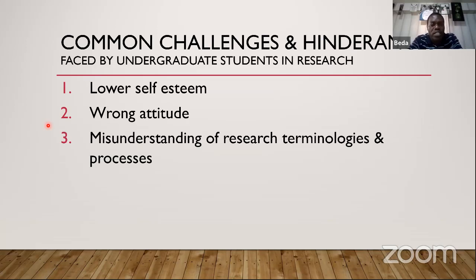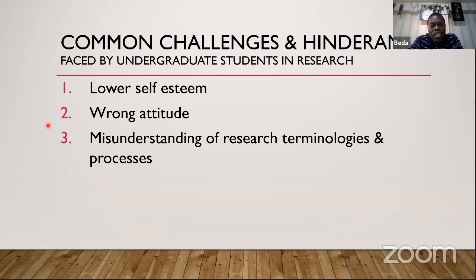Also, importantly, students tend to have a lot of misunderstanding with regard to terms used in research and even the process of research itself. Maybe you've attended your epidemiology lectures, for those who have reached those levels, and you had some terms like hypothesis testing, null hypothesis, type 1 error, type 2 error, and you're wondering, what are all these?